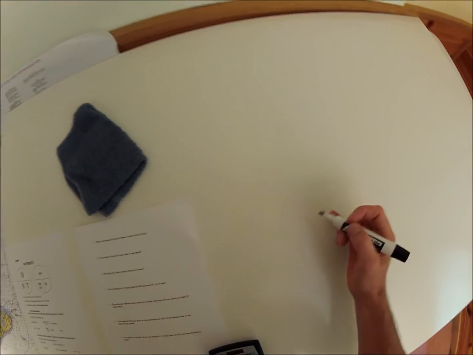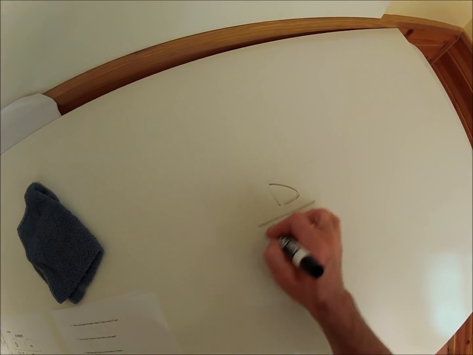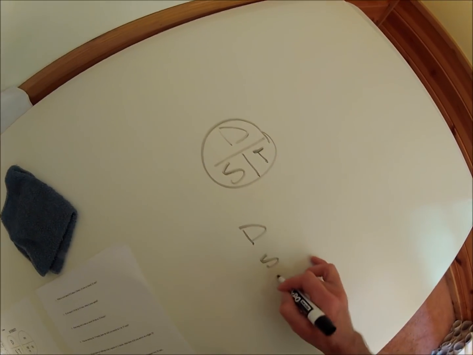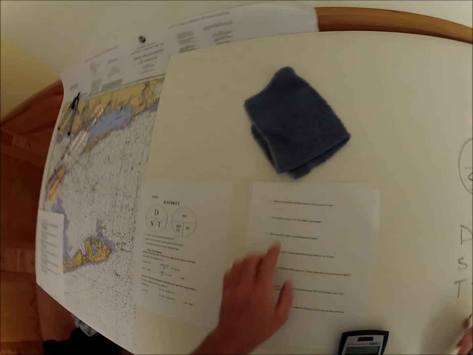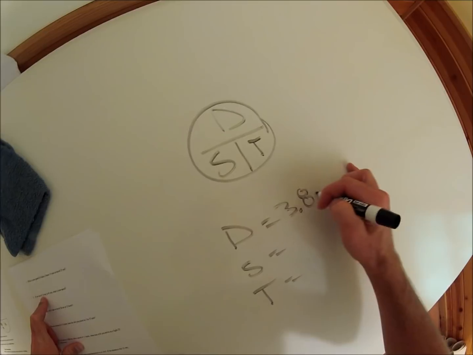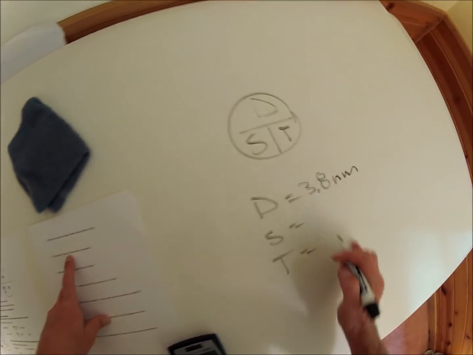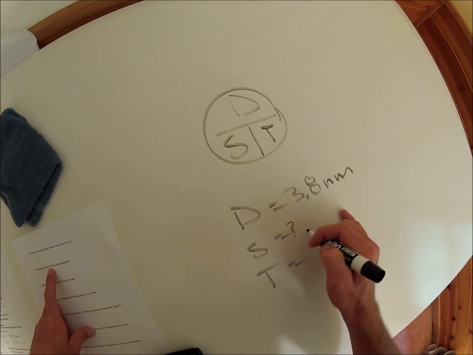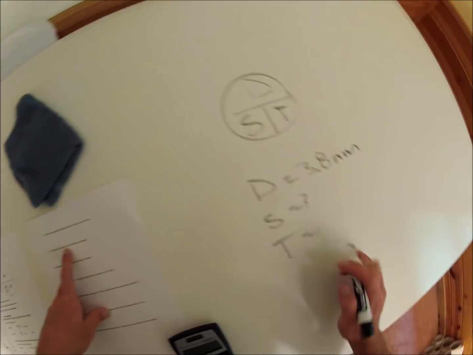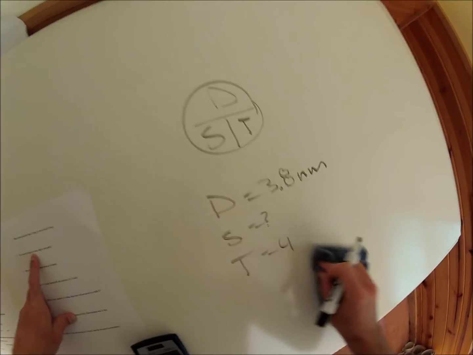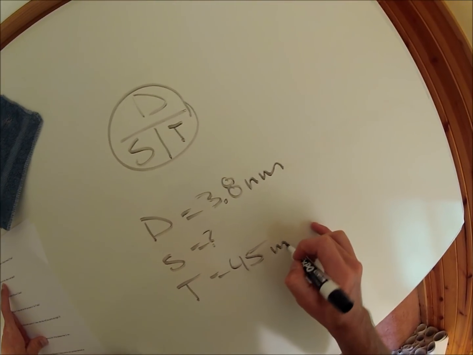2. Again, we're doing distance, speed, and time. If you travel 3.8 nautical miles in 45 minutes, what is your speed? Again, it wants to know speed, right? Our time is 45 minutes.